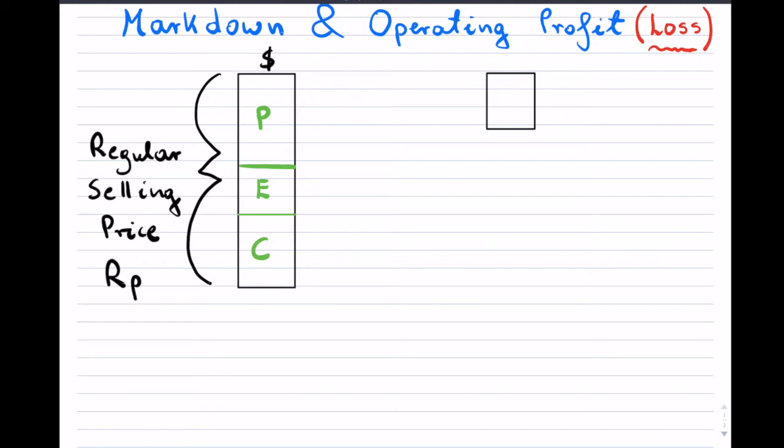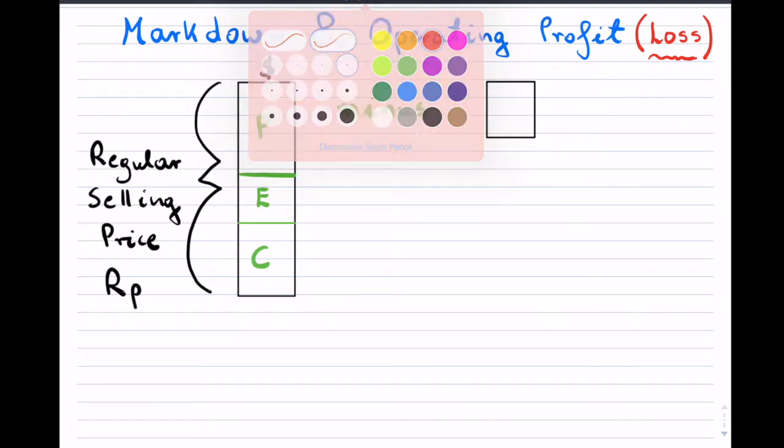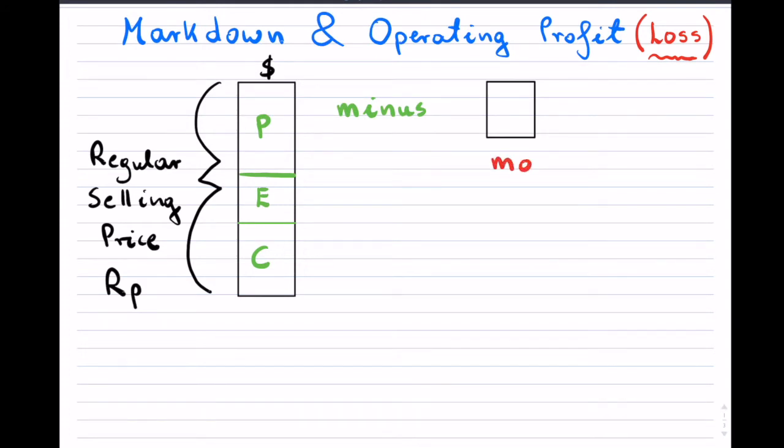Now, on occasion, you may want to reduce the regular price for whatever reason. So you're going to subtract a certain portion, and it depends on how big or small you want it, and that will designate your markdown.